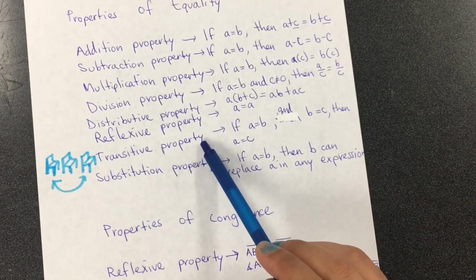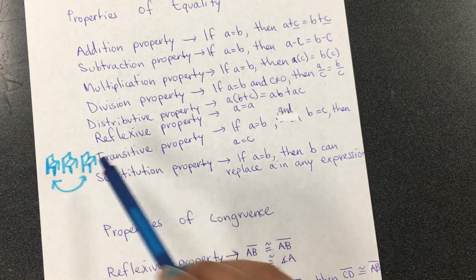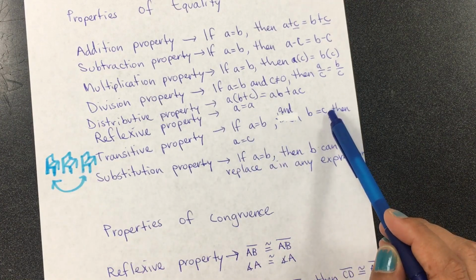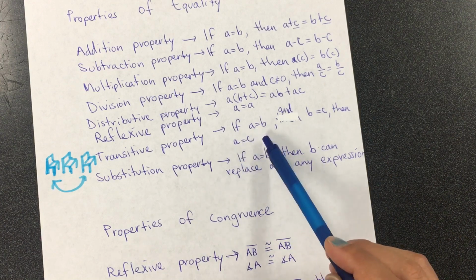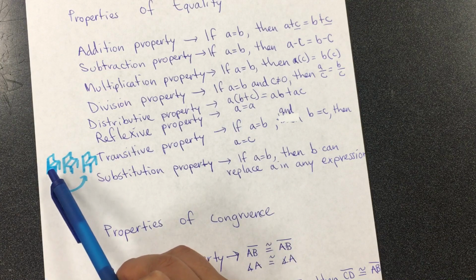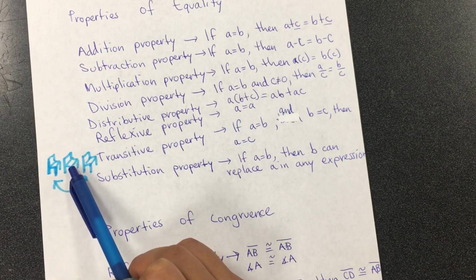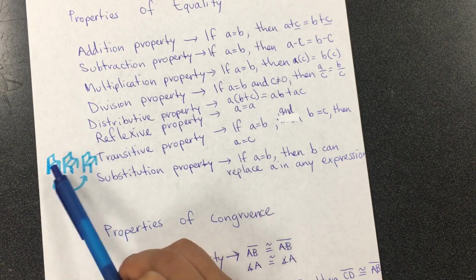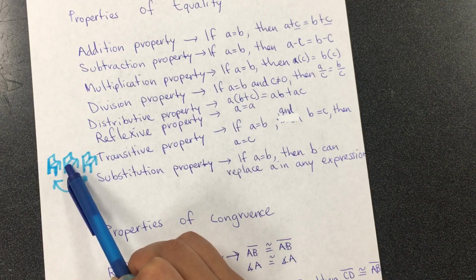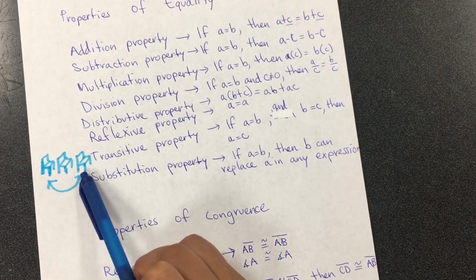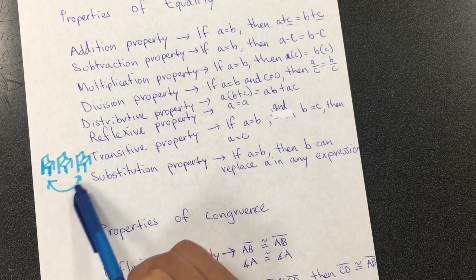Transitive property, which is when we have 3, says if A equals B and B equals C, then A equals C. I was showing in class that if a chair looks like a second chair, and that second chair looks like a third chair, then just by having that relationship to this middle chair, the transitive property says that the first one and the last one are also the same.